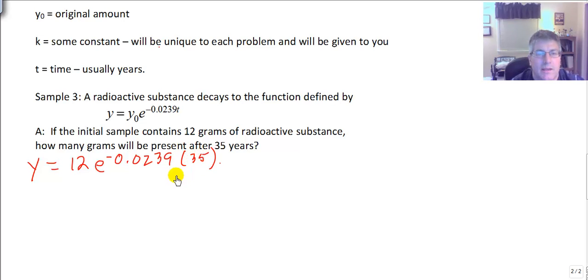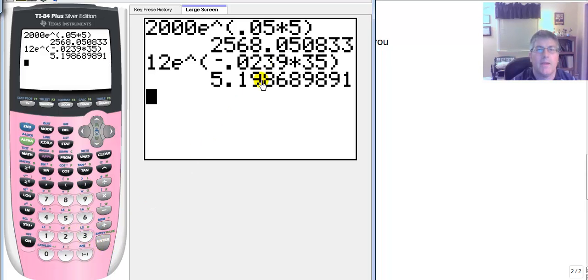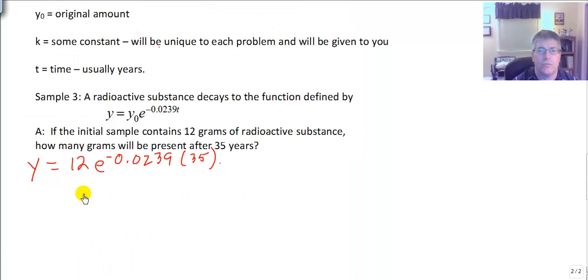And it's that straightforward. We go to our calculator, 12 times e raised to the negative 0.0239 times 35. And we get 5.1986. I'm going to call that 5.2 grams.